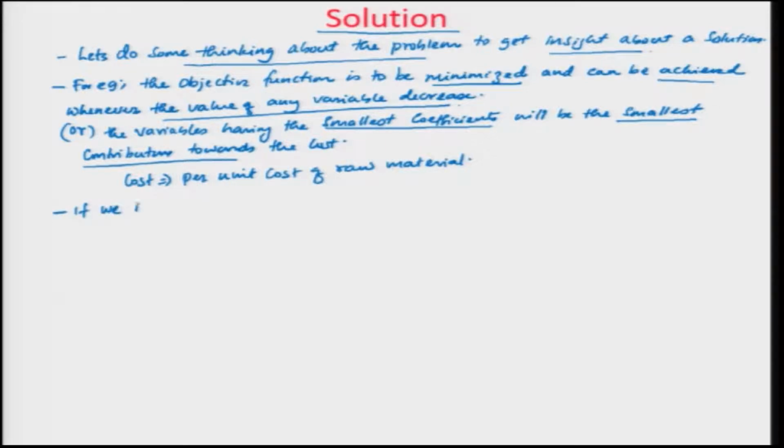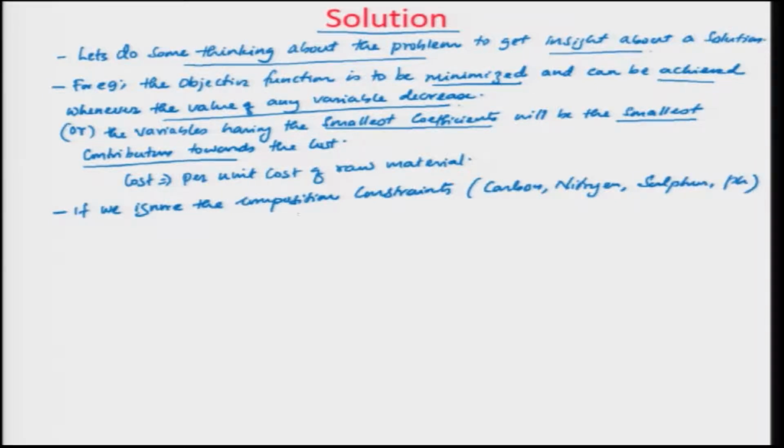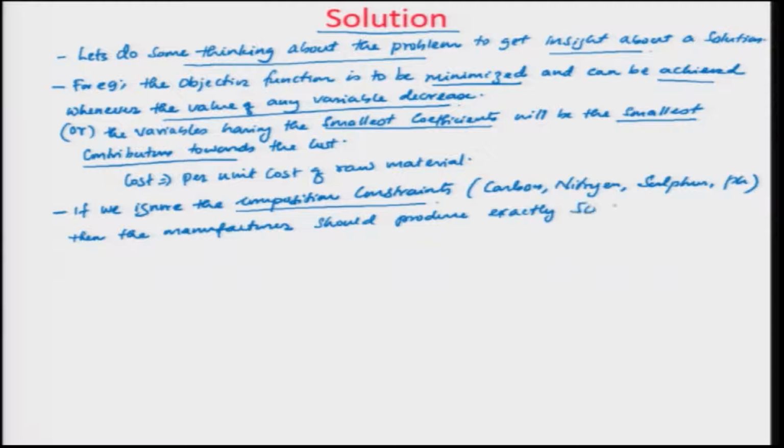So if we ignore the composition constraints for the time being, the carbon, nitrogen, sulfur, phosphorus constraints, if you are not working into that, then the manufacturer should produce exactly 50 kilograms of fertilizer from the cheapest raw material.